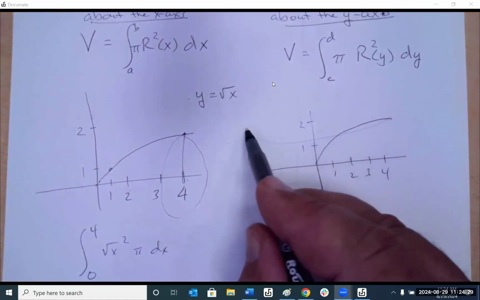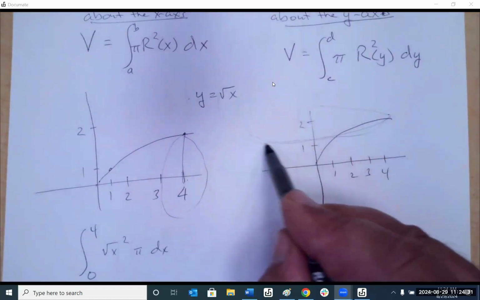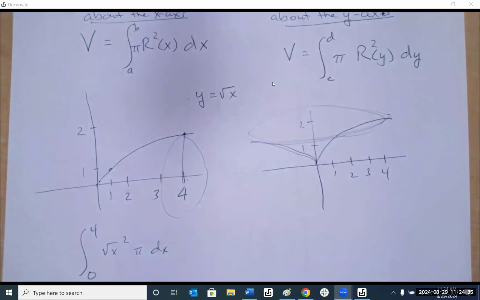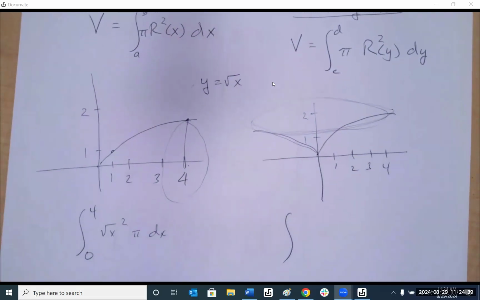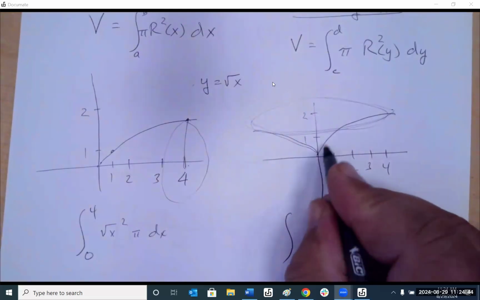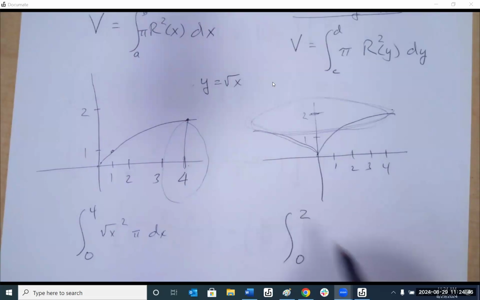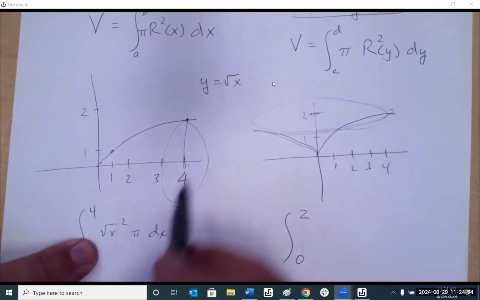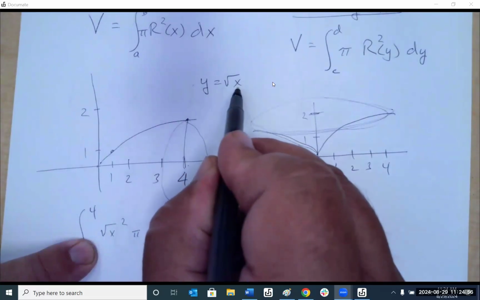If we're revolving about the y-axis, now what's our bounds of integration? From 0 to 2. So now we're looking vertically now. And not only that, but we have to now solve for x.